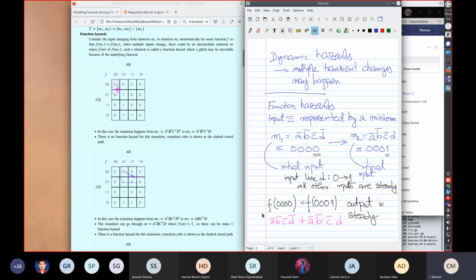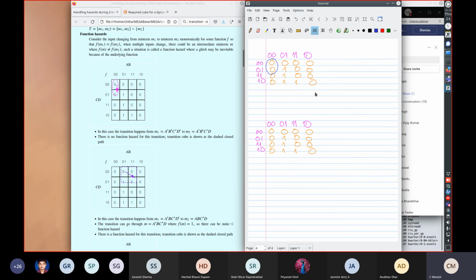This is the implementation that we are looking at. I mean, this is obviously a non-optimized implementation, but I'm just explaining the problem. So if you have this implementation, you basically have two mean terms here. You are basically taking this mean term and this mean term.